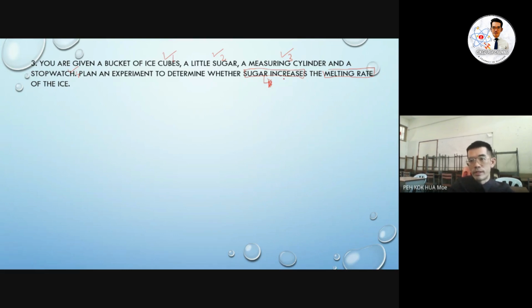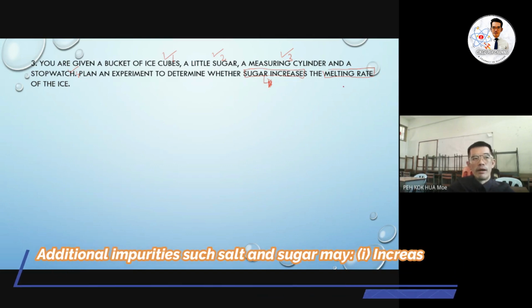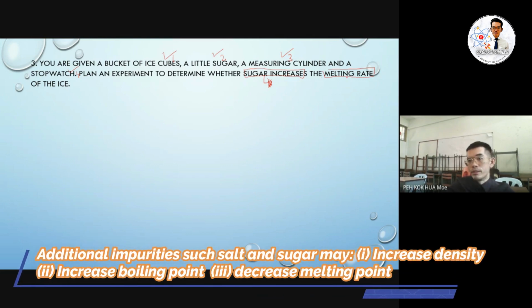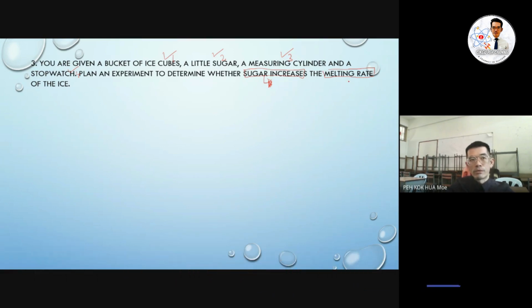According to theory, when we add impurities such as sugar or salt, we expect the boiling point to increase, to be higher than 100 degrees Celsius, and the melting point of water to decrease, lower than 0 degrees Celsius, while the density formula is mass divided by volume.